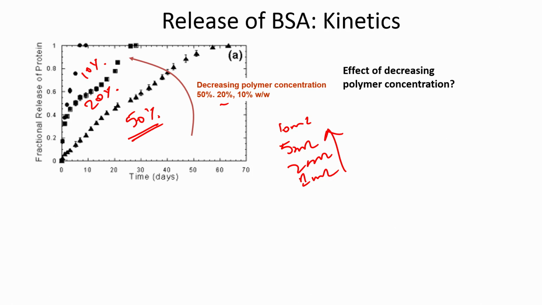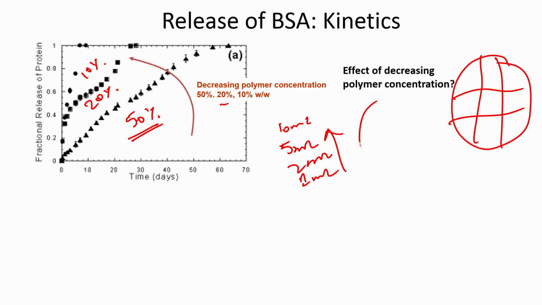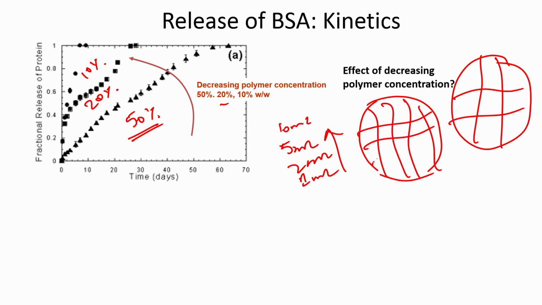What will happen if there are more chains in a confined area? Let us say I have these chains, and if I increase the polymer density within this area, now instead of having 2 chains I will have 4 chains, 5 chains. So, the pore size has decreased quite a bit.